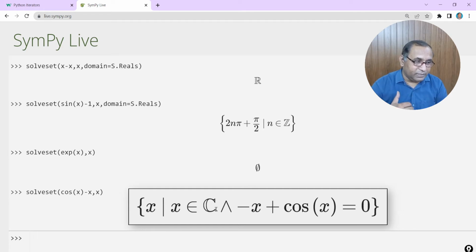So the solveset function is not able to find the solution of the equation, so it is returning the value without solving it.